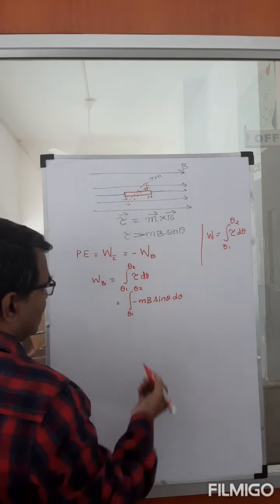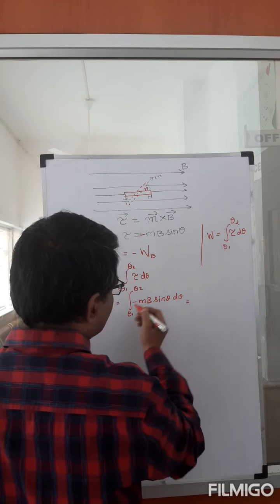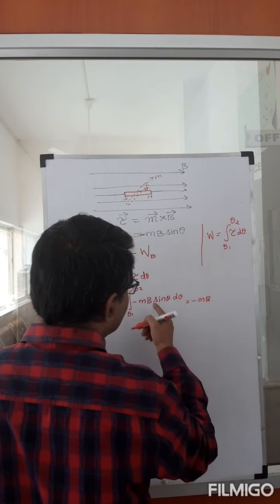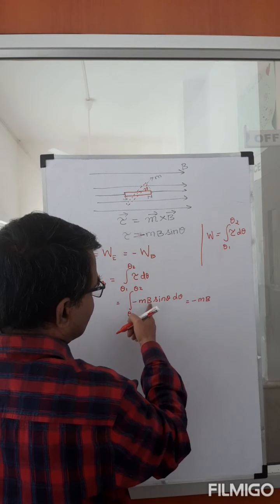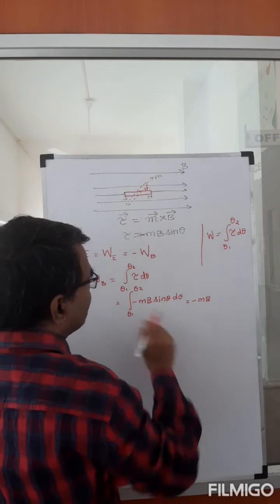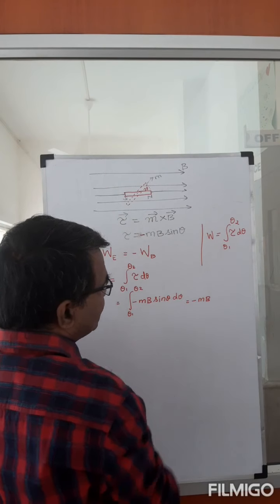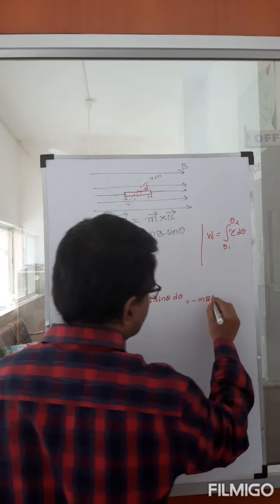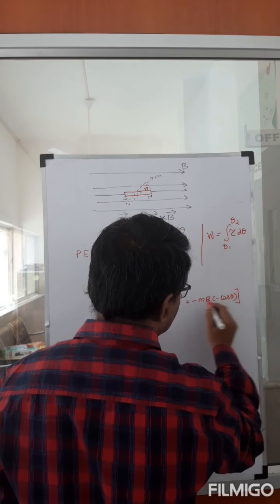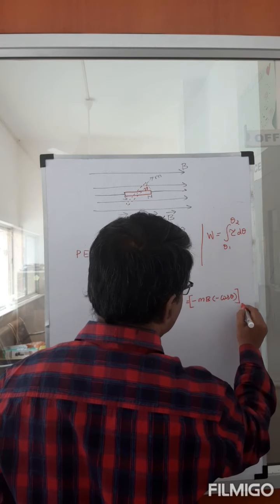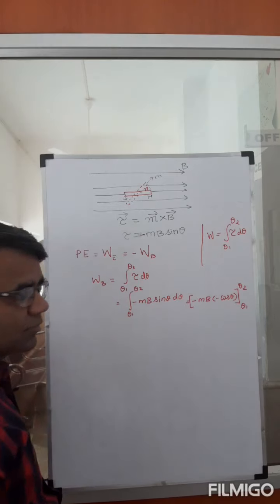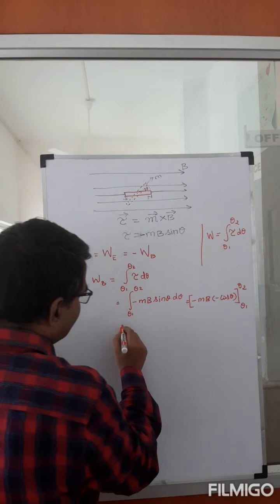So I can take the minus out. When I integrate this, m is a constant, B is a constant, sin theta is what will be changing. So sin theta d theta will give me minus cos theta, and then finally you need to apply the limits, theta 1 to theta 2. So what do you get here?